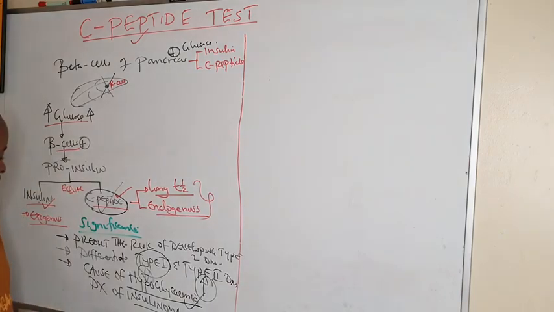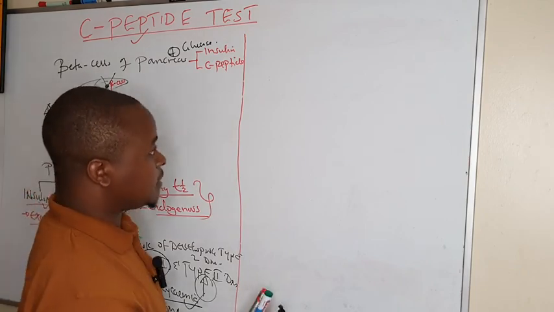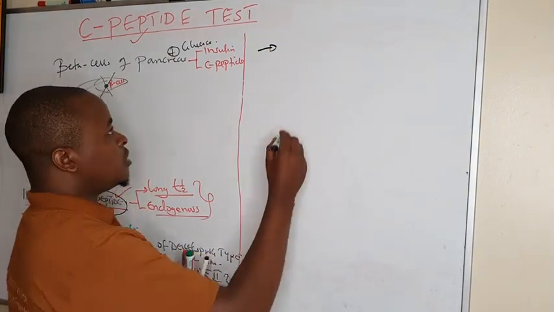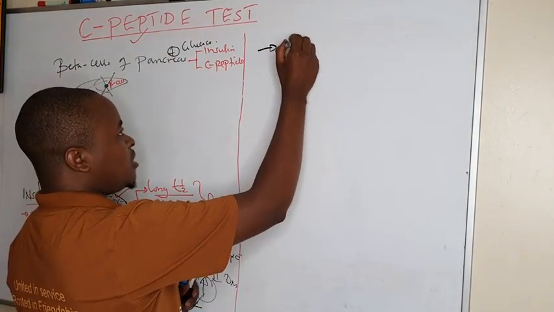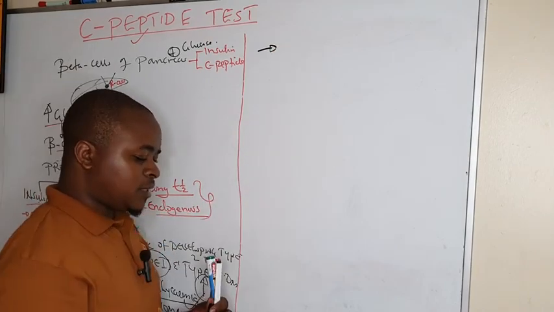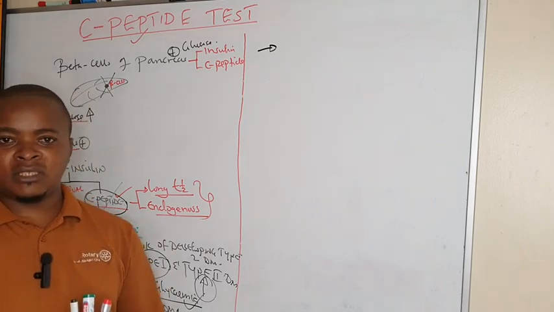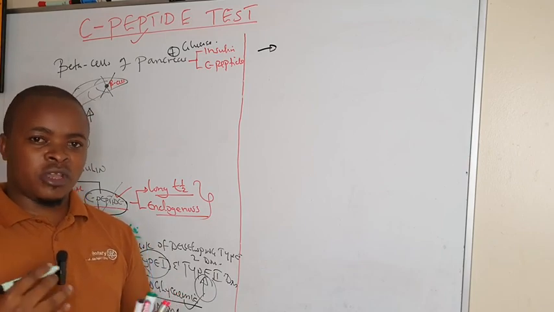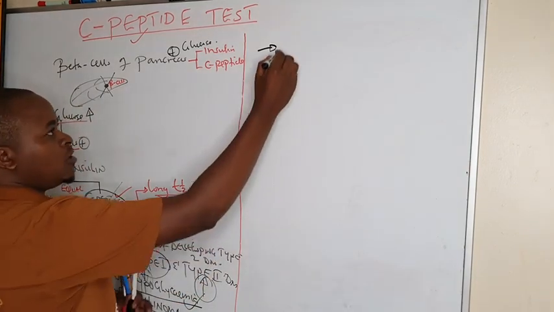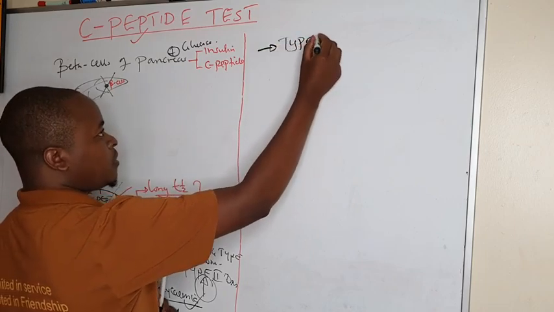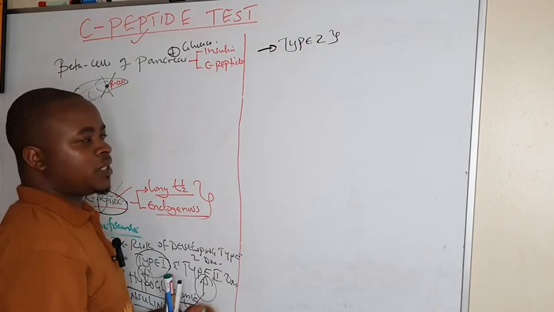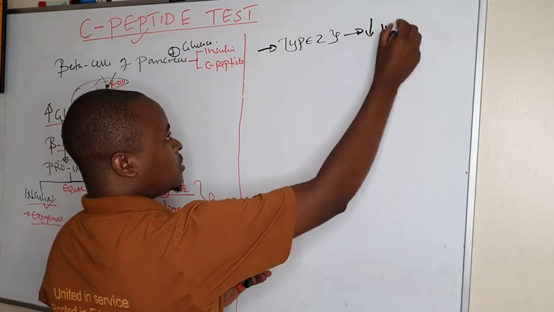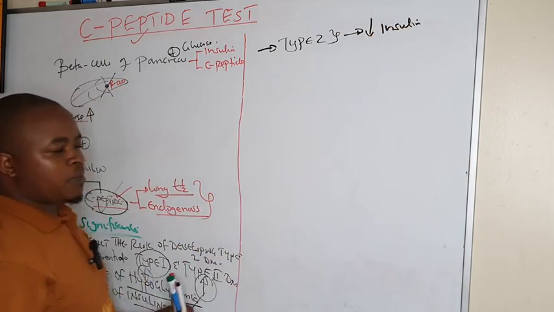And the last indication or significance is we can do this C-peptide assay to monitor if the treatment of diabetes is working, or to know when to give insulin and when not to give it. For example, in people with type 2 diabetes, when it becomes chronic, there is always decrease in insulin. How does it come about?